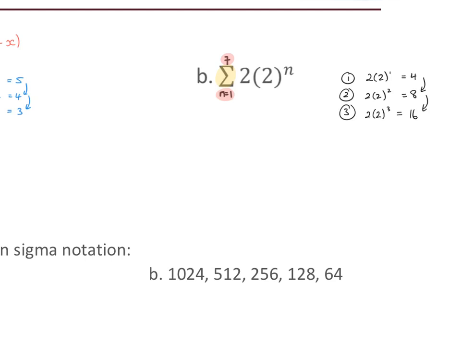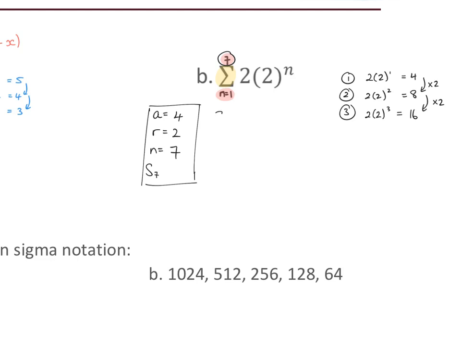So we can see here that this is a geometric sequence, and therefore we can fill in accordingly. Again, we're going to put our information in a box. So a equals 4, r equals 2, n equals 7, and we're looking for the sum to 7.